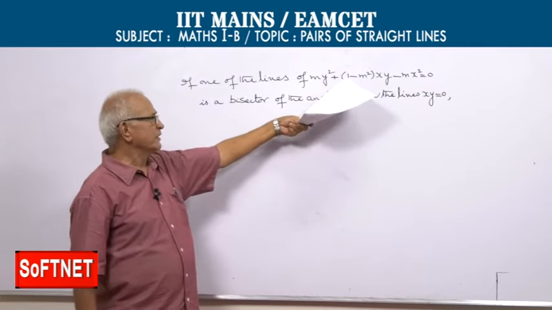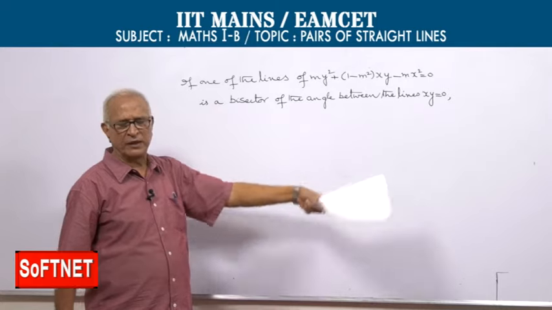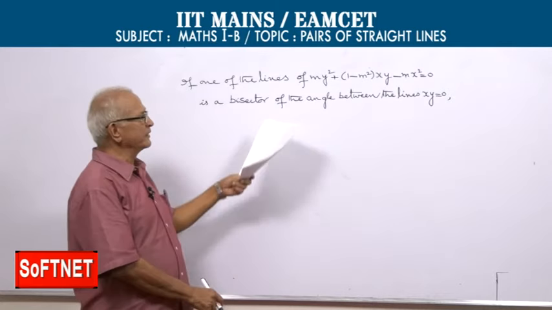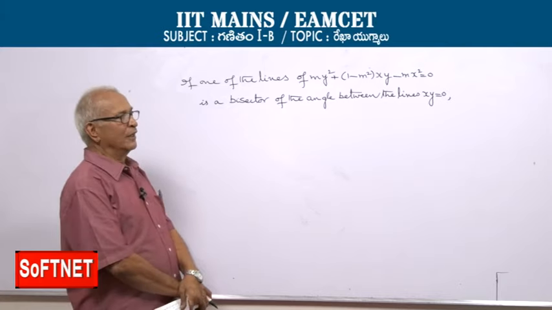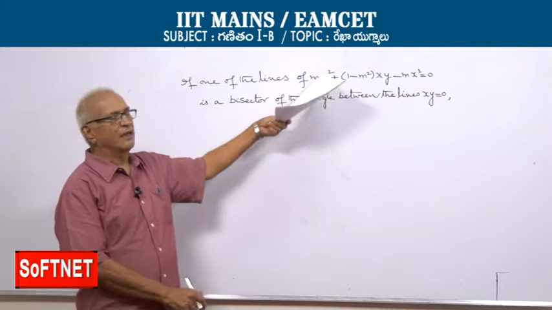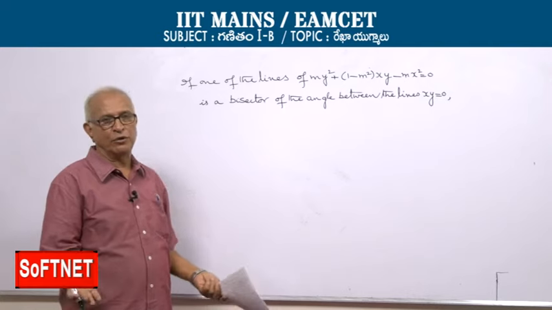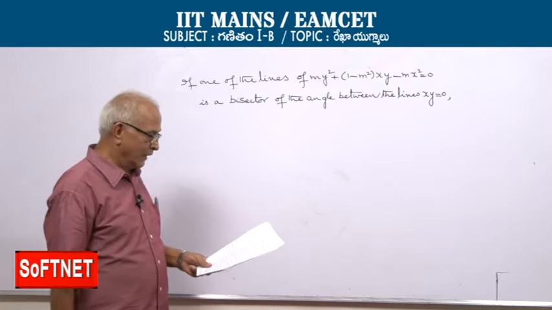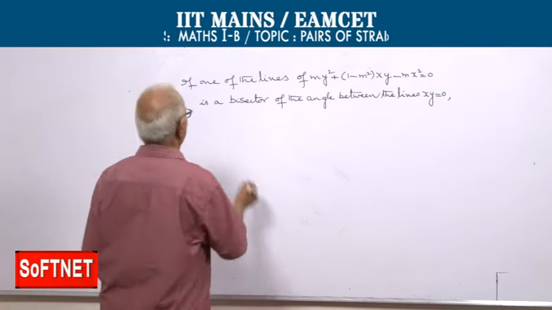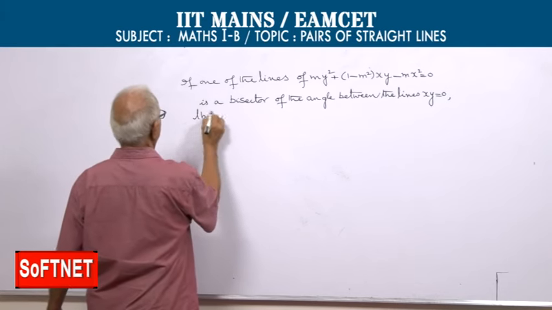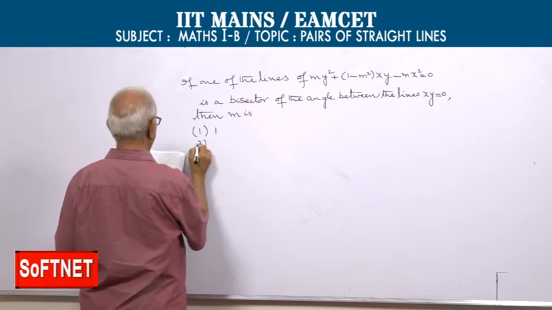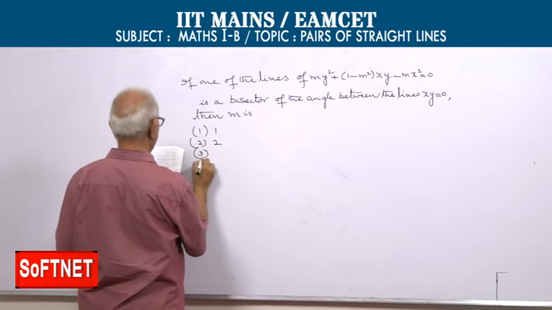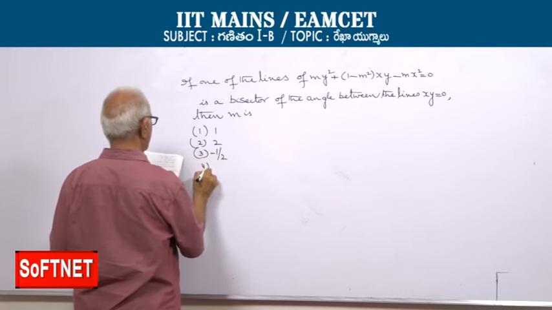One line represented by this equation is the bisector of the angle between the lines xy equal to 0. But you know the bisectors of the angles between the lines xy equal to 0 are x plus or minus y equal to 0. So that equation must have one of its lines as either x plus y equal to 0 or x minus y equal to 0. That is the question. Then what is the value of m? Options: 1, 2, minus 1 by 2, minus 2. 2007 A to B.